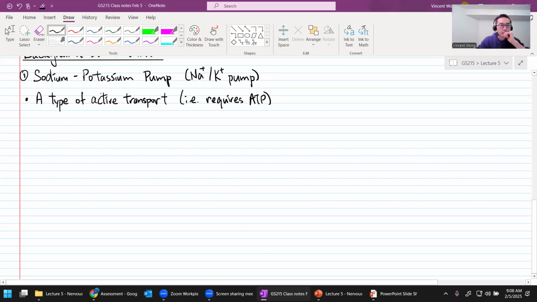So we have the cell membrane here. The axon is part of the cell, so it's made up of the cell membrane, of course. And you would have the sodium potassium pump right there. This would be the outside of the cell, and this would be the inside, the cytoplasm.